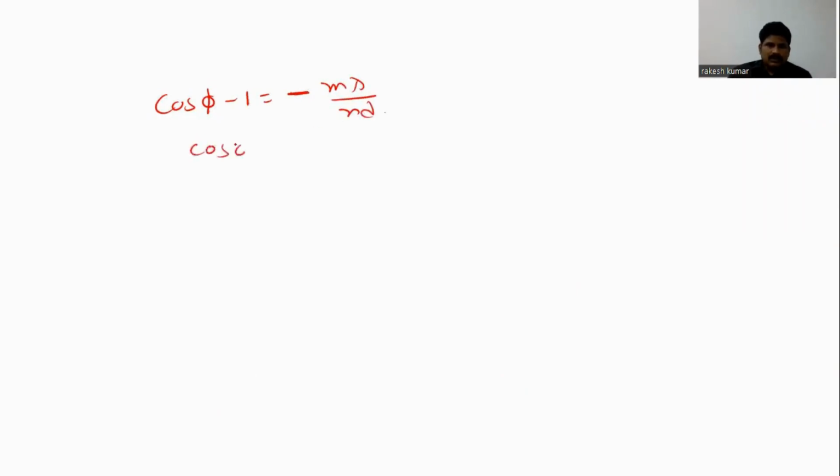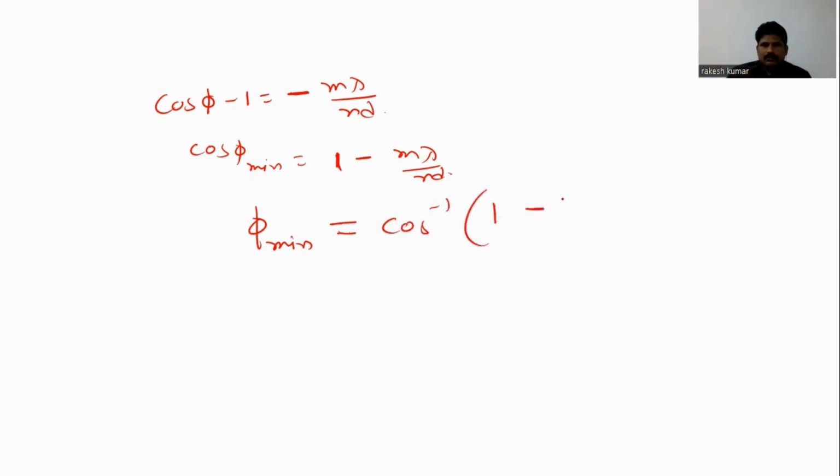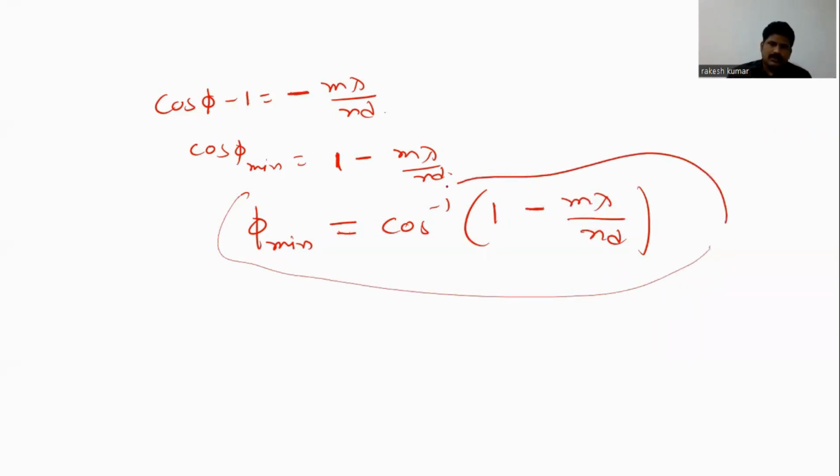Therefore, cos phi minimum is equal to 1 minus m lambda by n d. Therefore, my expression for the nulls is phi minimum equal to cos inverse of 1 minus m lambda by n d. So this is a very important expression for getting nulls.